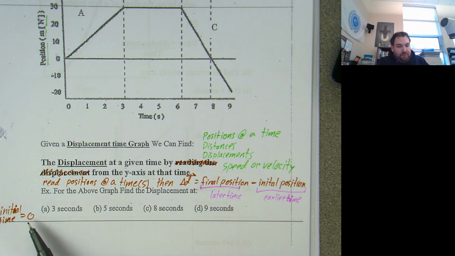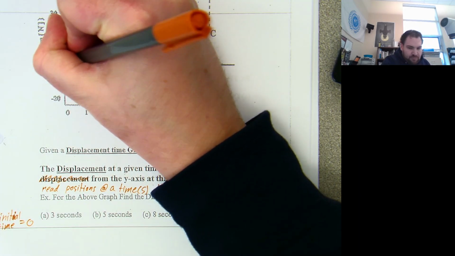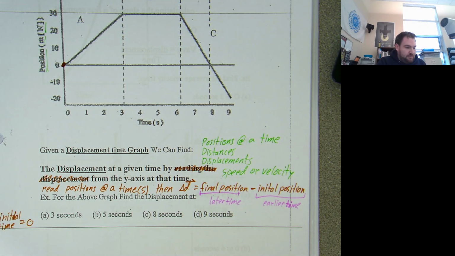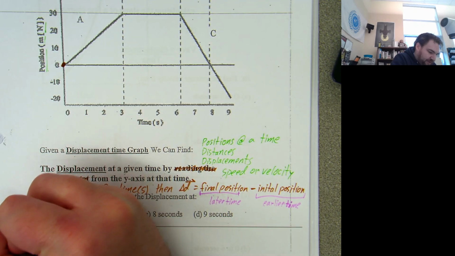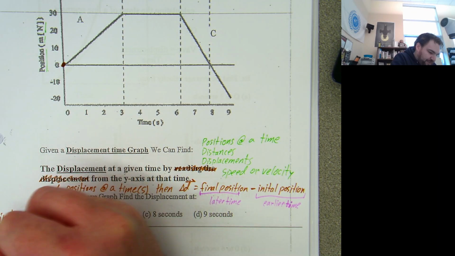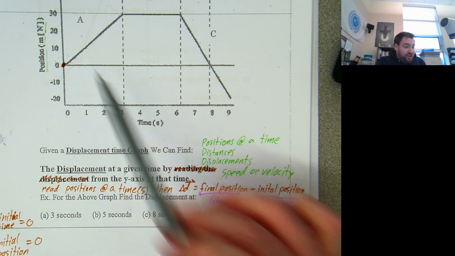So compared to the beginning, what's the displacement of our bug after 3 seconds? At 0, our bug was here at 0. So with initial time being 0, initial position also equals 0. Our bug started at the origin.